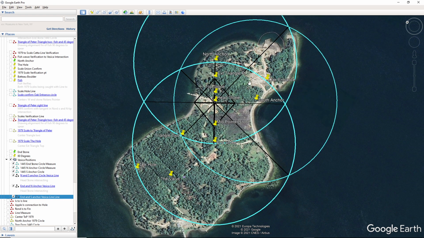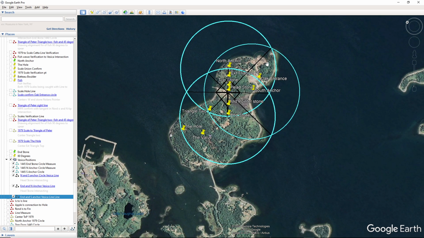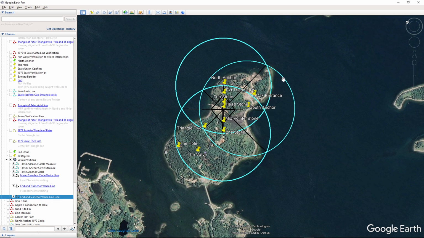You don't have to measure it, so to speak. You just have to know where the north anchor is, and you can calculate where the south anchor is by using sacred geometry. I don't know that much about it, and even if I did, I think it would bore you guys to tears to do a bunch of math calculations.